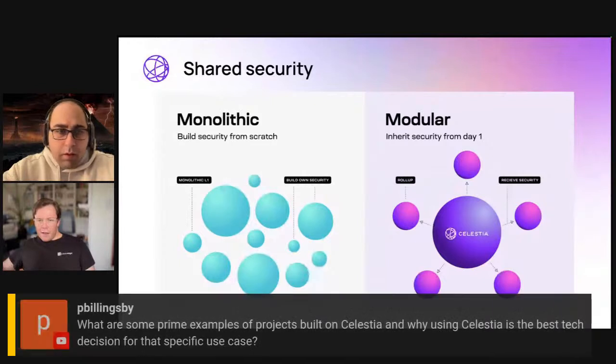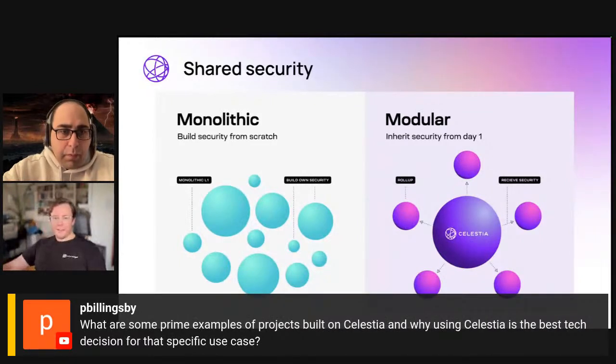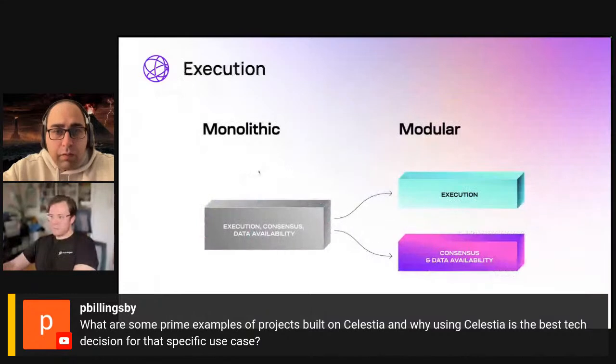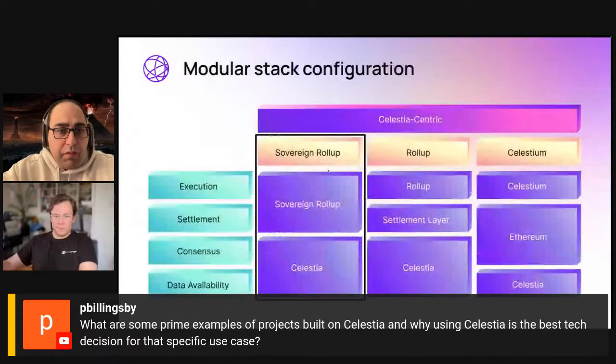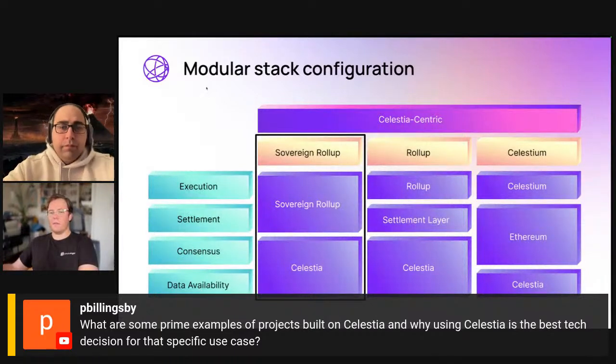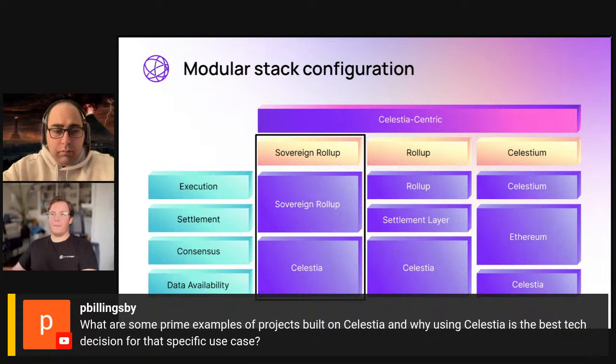Excellent. Phil asks, what are some prime examples of projects built on Celestia, and why is using Celestia the best tech decision for that specific use case? So I would say the main goal of the Celestia blockchain is to allow people to be able to deploy their own blockchains. You can think of that as a rollup without having to go through all of the same thing, like setting up a Cosmos chain.